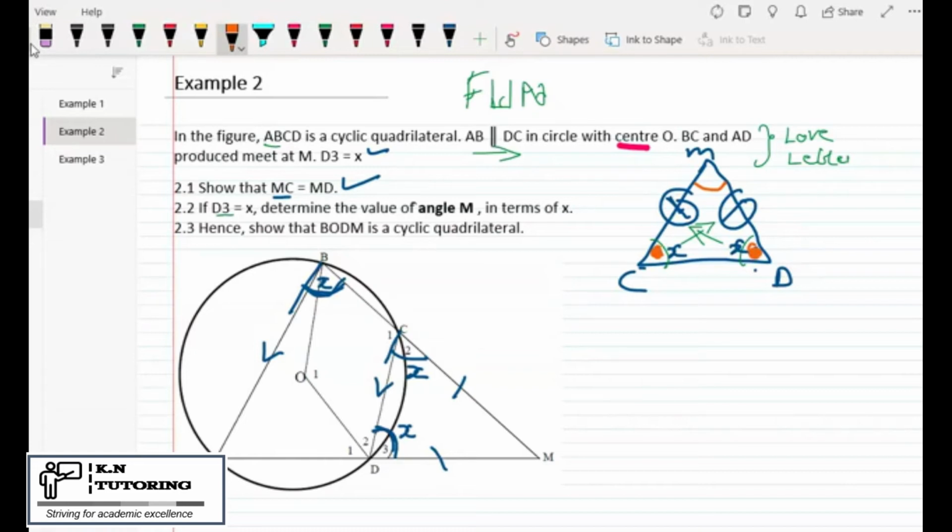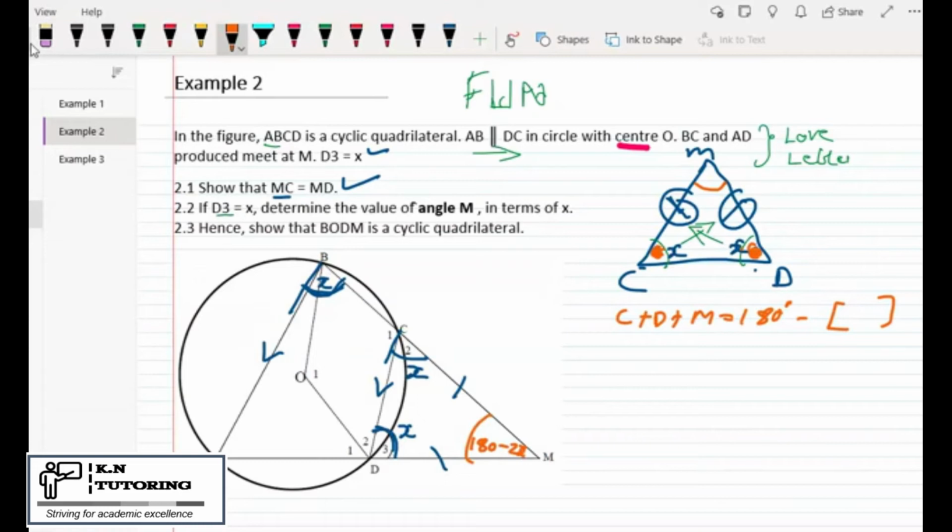Sum of angles of a triangle. So I'm going to say C plus D plus M is equal to 180 degrees. We are now in grade 11. There's no need for me to show you all the steps. This is not an algebra lesson. This is a geometry lesson. So if this is x and this is x, it means M is going to be 180 minus 2x. Very, very straightforward. We move.